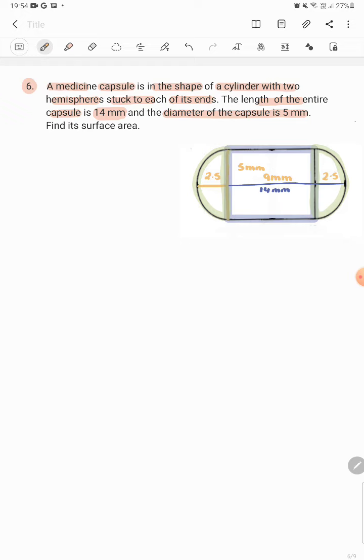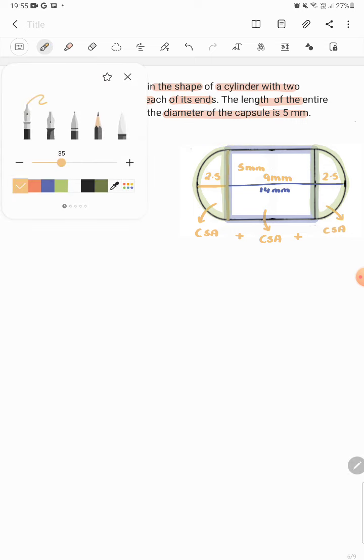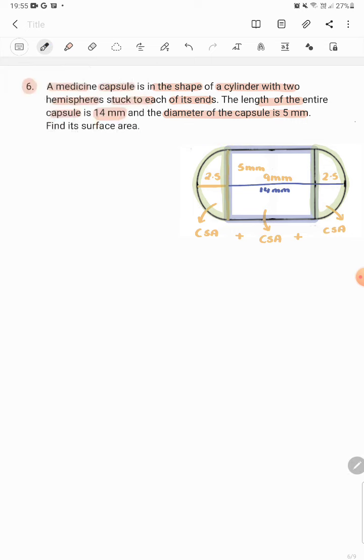So if I find the curved surface area of the cylinder, curved surface area of this hemisphere, and curved surface area of this hemisphere, if I add all the curved surface areas of these three figures, I will get the surface area of the whole medicine capsule. So let us do the question.